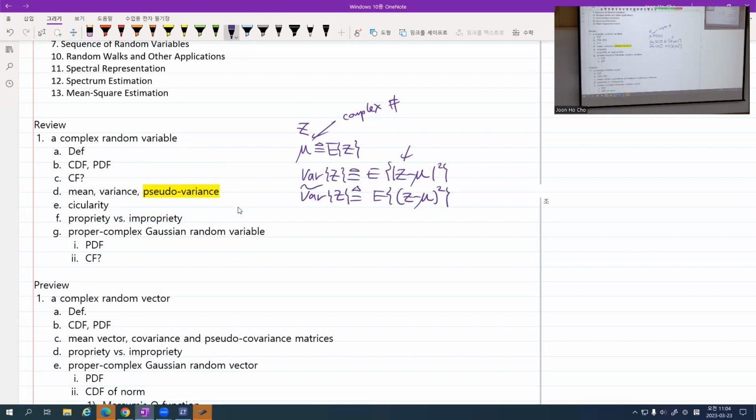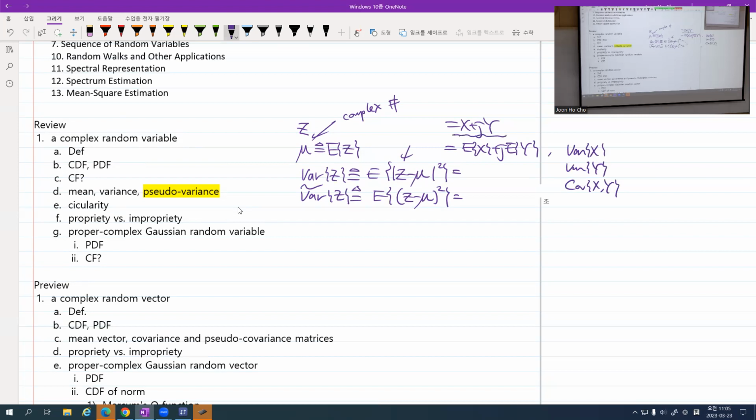In terms of the real part and imaginary part, what were they? The mean of a complex random variable was simply the mean of the real part plus j times the mean of the imaginary part. And how could we write the variance of Z and complementary variance of Z in terms of the variance of X, variance of Y, and covariance of X and Y? It's just simple. You plug in this. Got it?